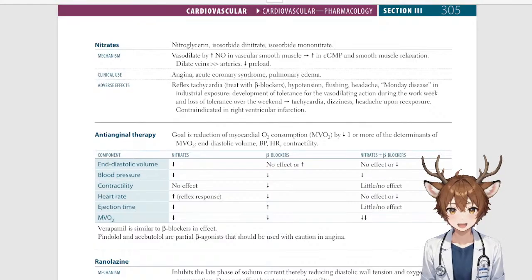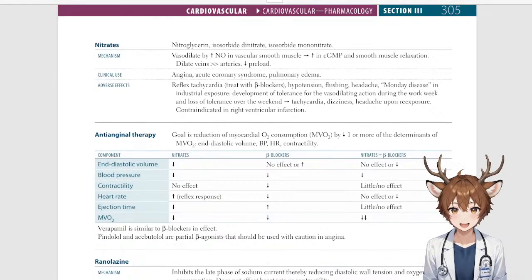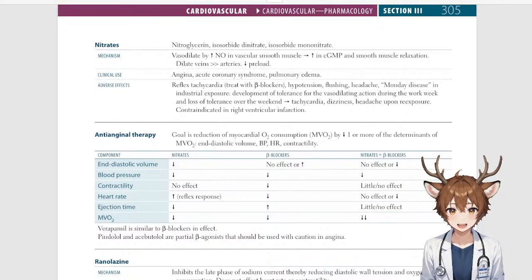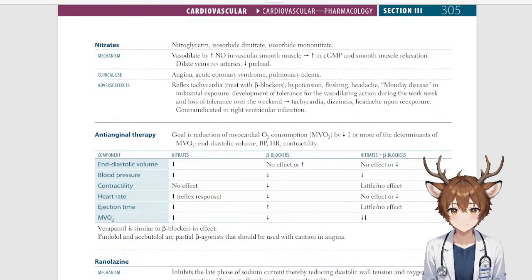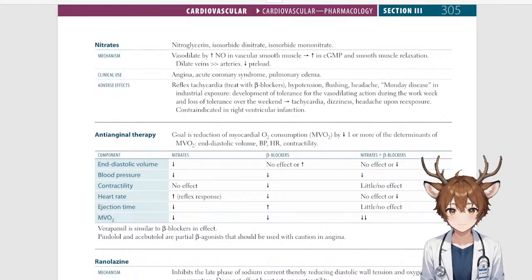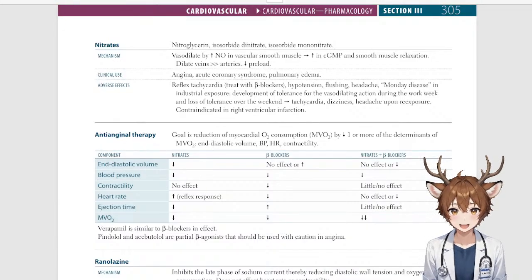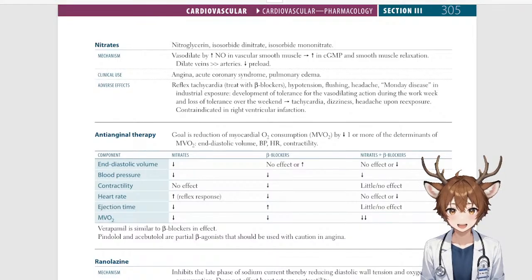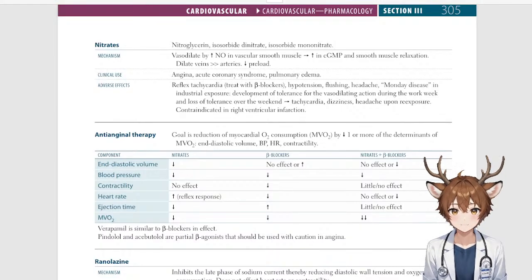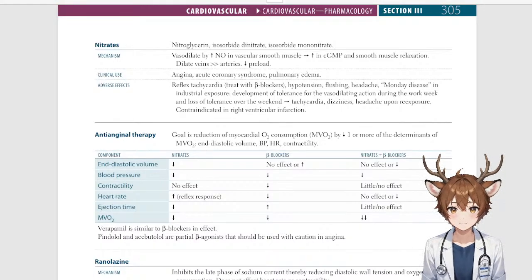I might have to put this in my notes to review. But they have dihydropyridine calcium channel blockers, GQ agonists, nitrates, PDE5 inhibitor, natriuretic peptide agonists, PDE3 inhibitor, GS agonists, GI agonists.